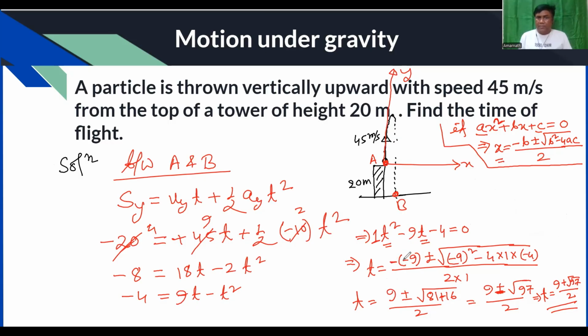Minus b, b is -9. Okay. Plus minus like this only. First you copy this formula, and then one by one try to correlate everything. Try to compare with this. This is called what? Okay, sir. This is called a quadratic equation. Quadratic equation.